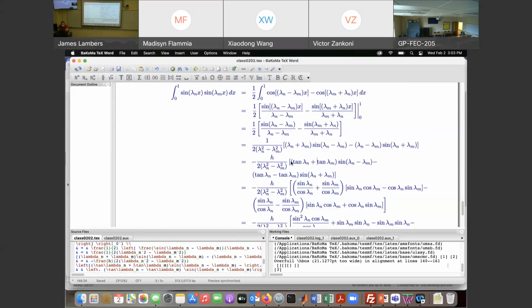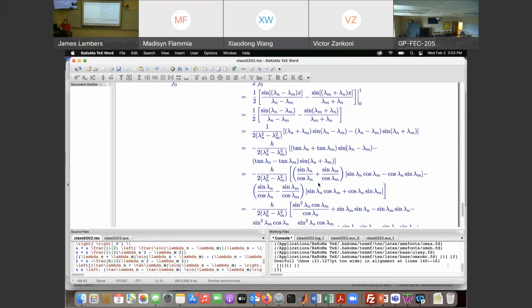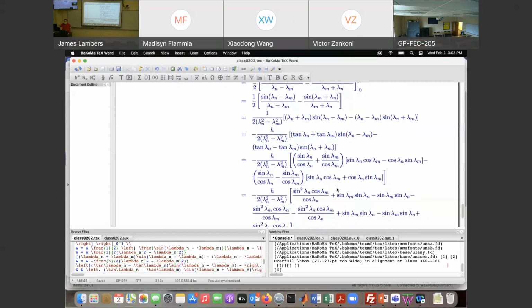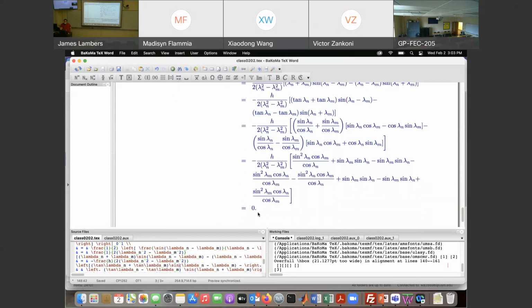So now everything in the square brackets is a trigonometric expression. It's all only trig functions. So now I can try to simplify those. So then I rewrite each tangent as sine over cosine. And you can see how there are some opportunities for cancellation with some of these terms. And so now I go through some really ugly algebra, and look what happens. It all goes away.